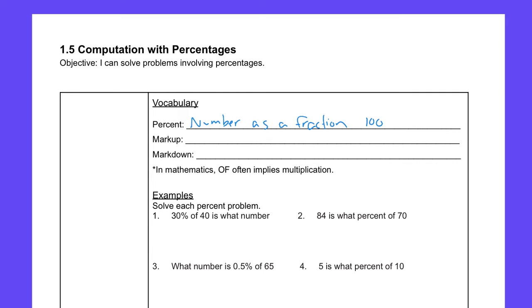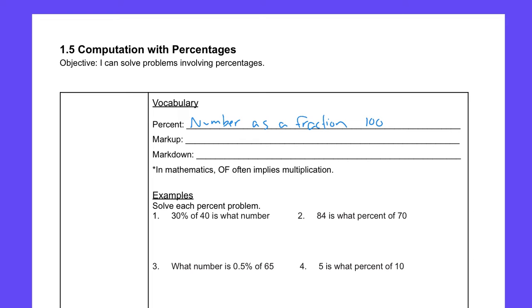So if I say 80% of people did this, that means 80 out of 100 people, or 80 out of every 100 people. The group would be 100%, the whole group, and we take 80% of that.